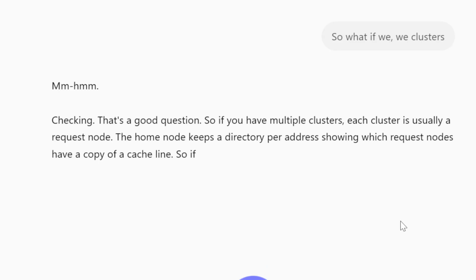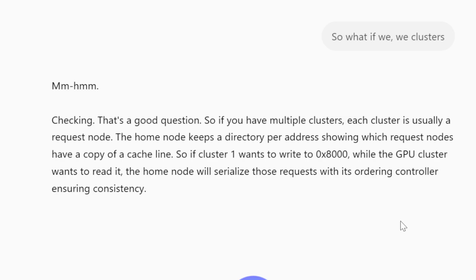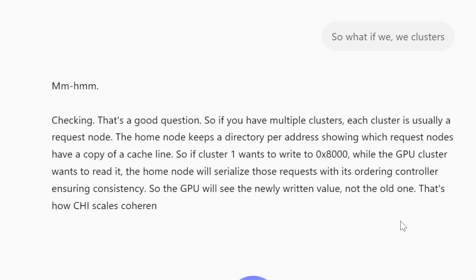So if cluster 1 wants to write to 0x8000 while the GPU cluster wants to read it, the home node will serialize those requests with its ordering controller, ensuring consistency. So the GPU will see the newly written value, not the old one. That's how CHI scales coherency cleanly across many clusters without broadcasting snoops everywhere.